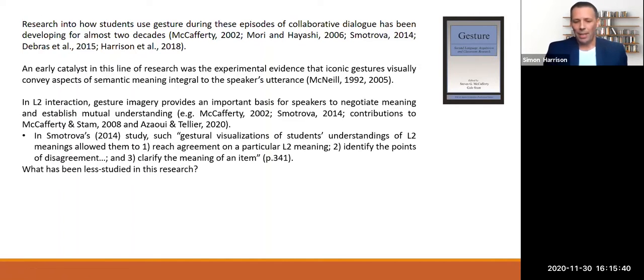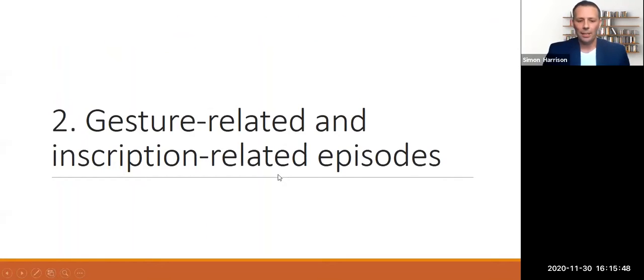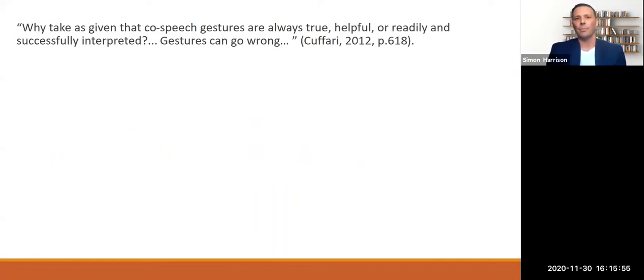So inspired by that kind of research, I began looking into collaborative dialogue, and I saw something that I think has been less studied in this research. And that is when the focus is not so much on the language that's being negotiated, but the gestures themselves. I'd like to introduce a quote from Eleanor Cafaro, who writes, "Why take as given that co-speech gestures are always true, helpful, or readily and successfully interpreted?"